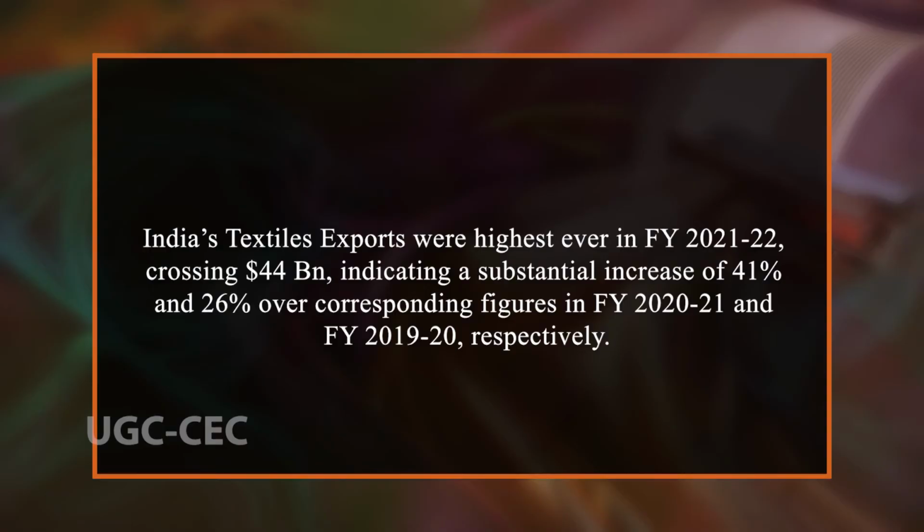Let's discuss a few points that underscore the expansion and growth of the Indian textile industry during the period 2021 to 2022. India's textiles exports were highest ever in financial year 2021-22, crossing $44 billion, indicating a substantial increase of 41% and 26% over corresponding figures in FY 2020-21 and FY 2019-20 respectively.